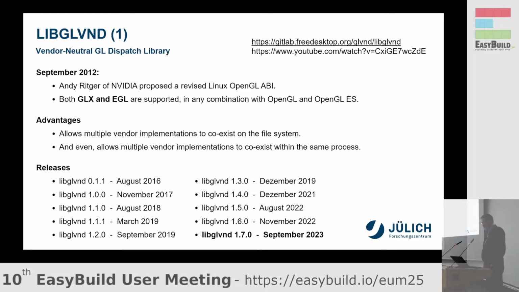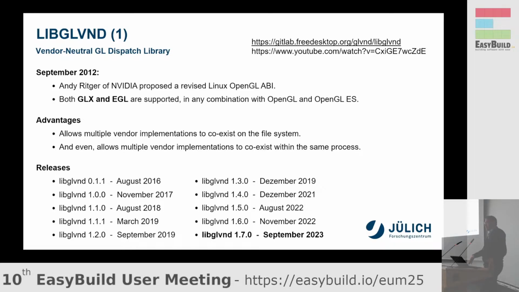In September 2012, it was, to my knowledge, first proposed by Andy Ritger of NVIDIA to come up with a new OpenGL ABI that supports both GLX and EGL in any combination with OpenGL and OpenGL ES.